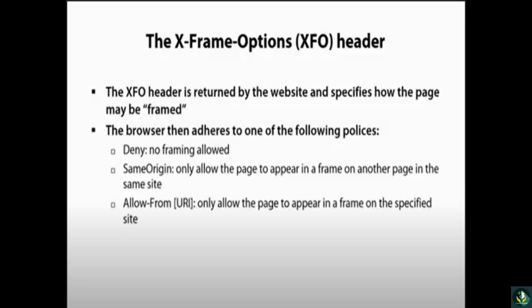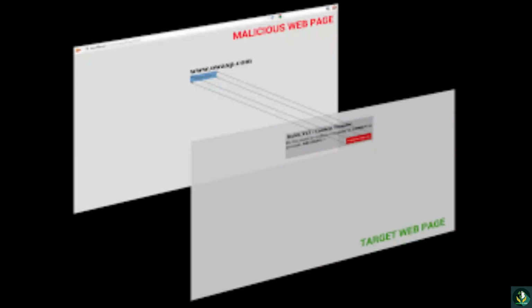The browser then adheres to one of the following policies: no framing allowed; same origin, only allow the page to appear in a frame on another page in the same site; and allow-from URL, only allow the page to appear in a frame on the specified site.